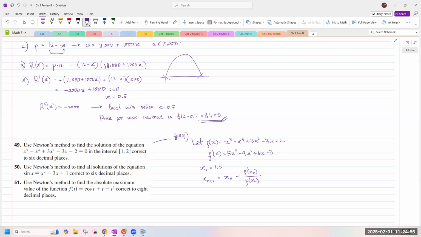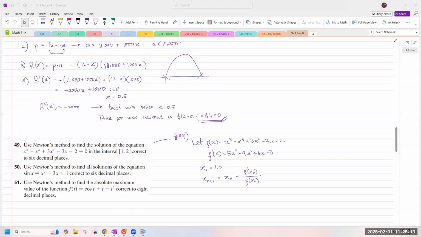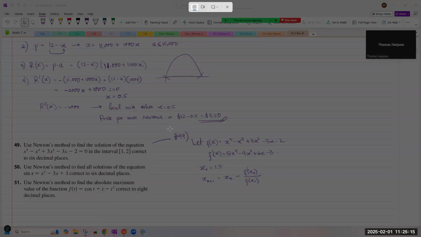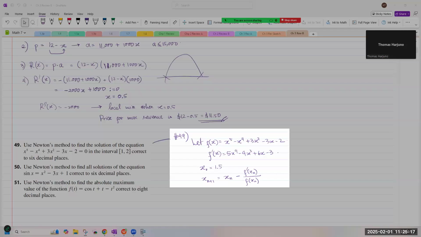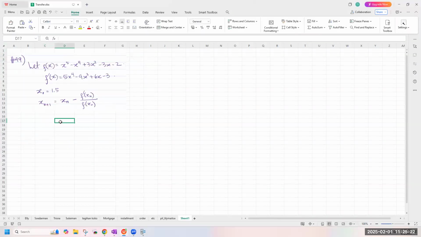Okay, now let's take a look. I use Excel this time. Let me copy and paste that first so that I don't need to keep on referring to it. Now, yes, my initial number is 1.5. Okay, that's the initial.